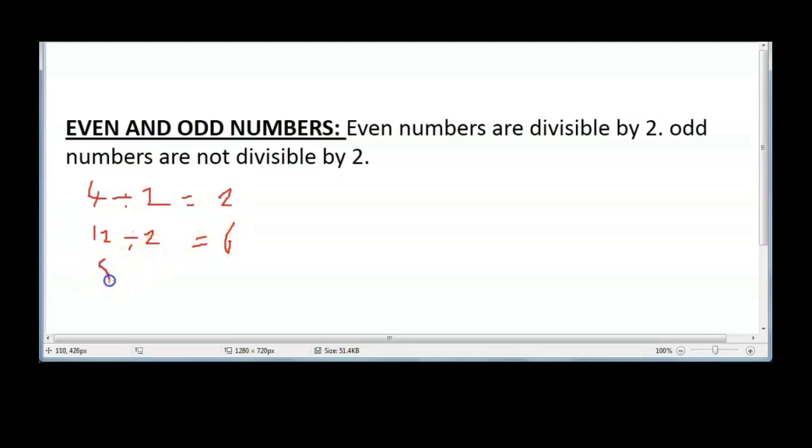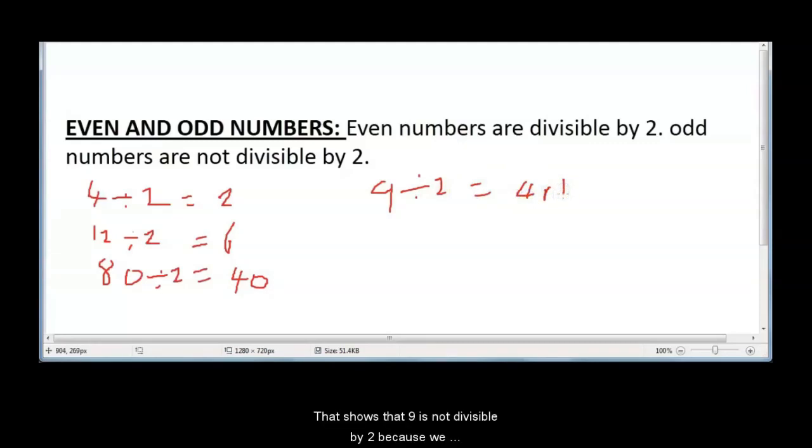80 divided by 2 gives 40. 80 is divisible by 2. So it is an even number. But 9 divided by 2 is equal to 4, remainder 1.